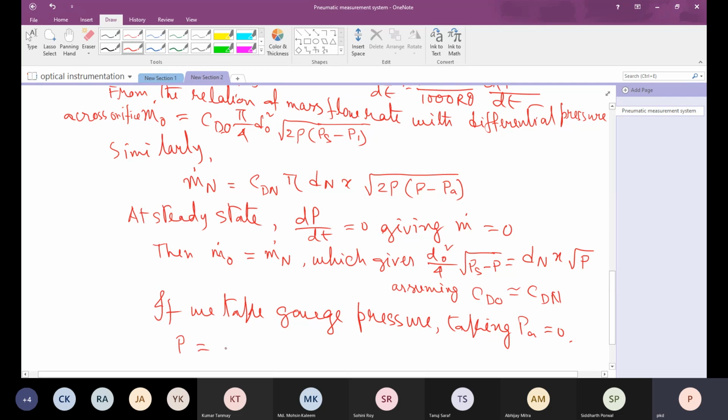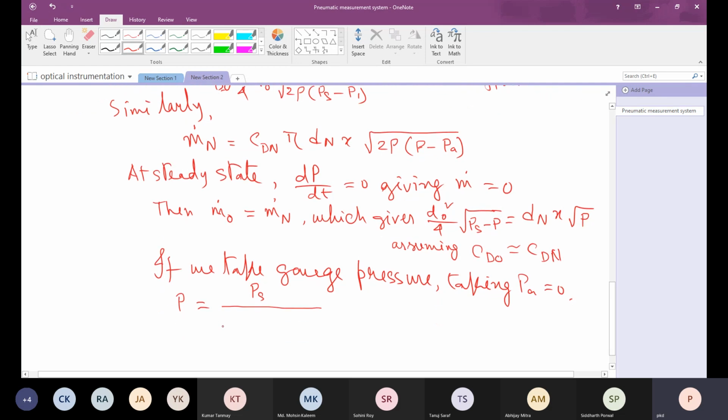Then P becomes supply pressure PS divided by 1 plus 16 dn square x square by d0 to the power 4.